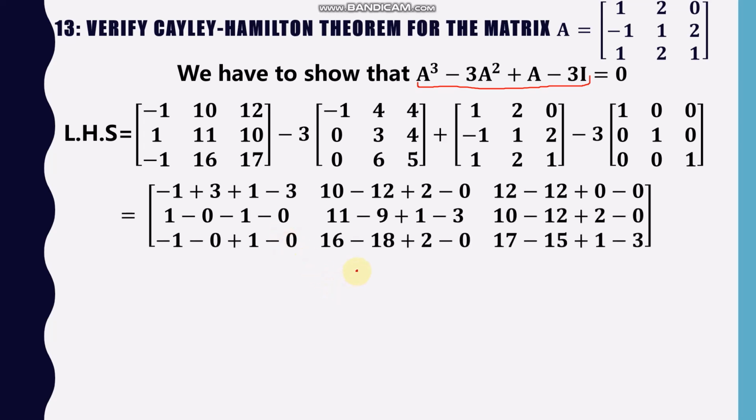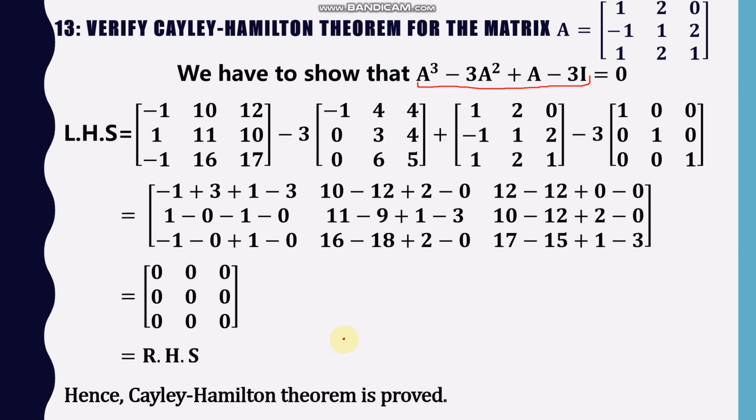Once you solve all these elements, they all come out to be 0, and this is equal to the right hand side of the above equation. So we have proved A cube minus 3 A square plus A minus 3 I equals 0. That means the given matrix satisfies its characteristic equation, and this proves the Cayley-Hamilton theorem.